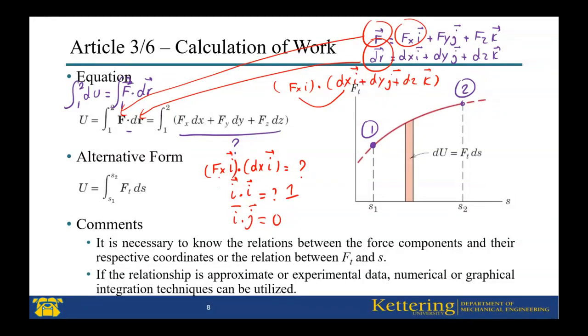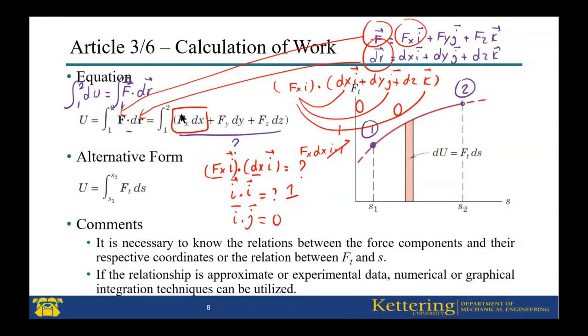These are only numbers. This will be Fx dx times i dot i, which is 1. The other terms will be 0, because i dot j is 0 and i dot k also is 0. This is the reason we have one Fx dx here.